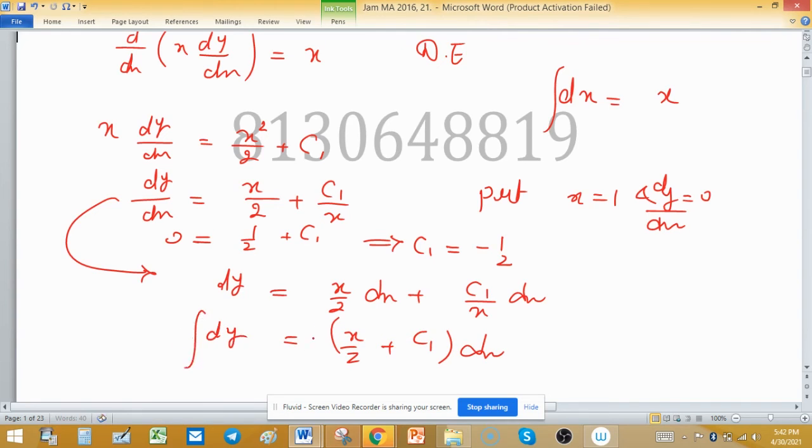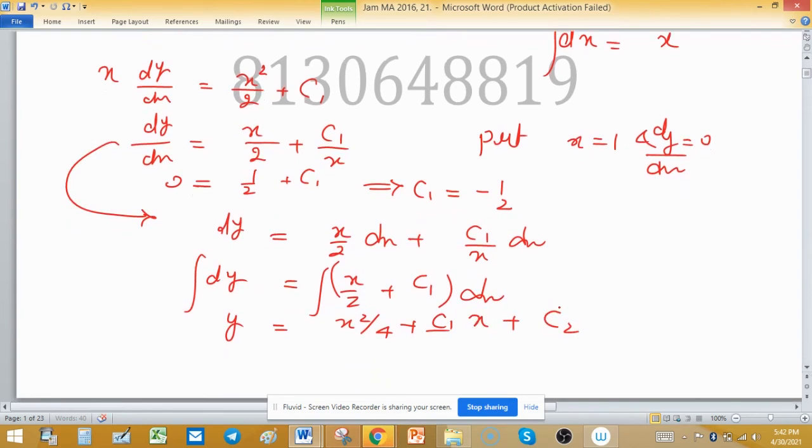Now take integration, so it will be y equal to x square by 4 plus c1 x plus c2. This is the constant of integration. Now put the condition y of 1 is 0, so this is 0 equal to 1 upon 4.